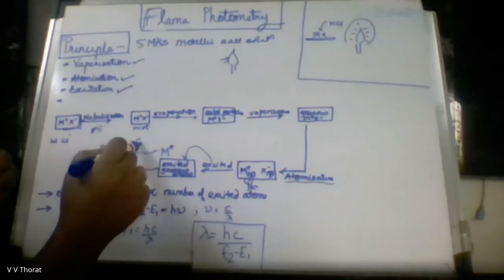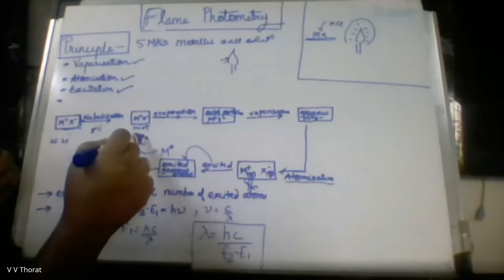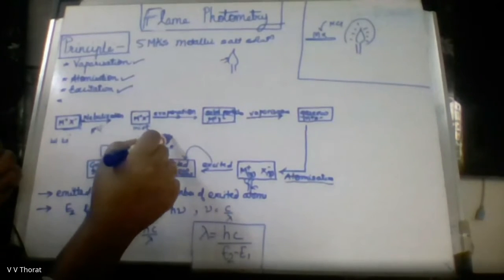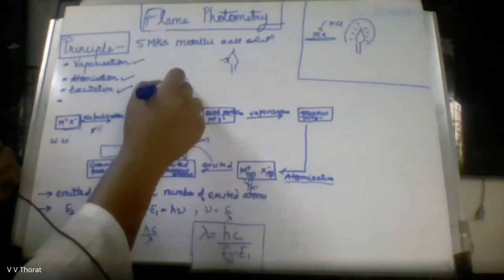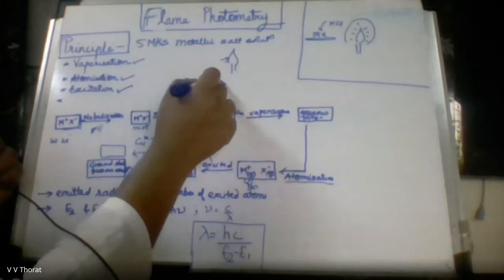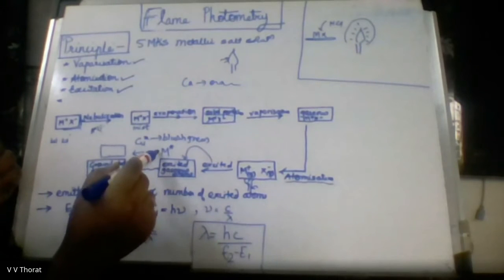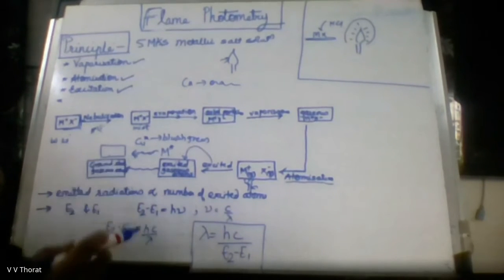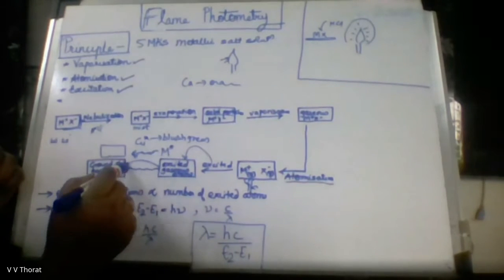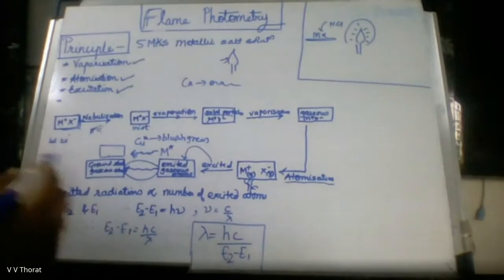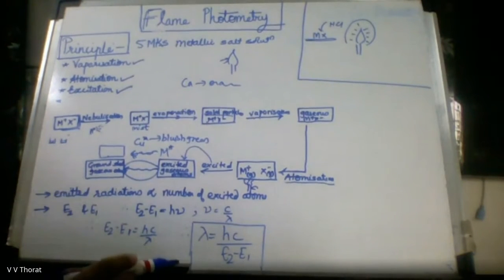Characteristic radiation means copper will always give bluish green color. Calcium will give orange red color. So it will come to the ground state by emitting characteristic radiation and we measure this emitted color, light color, photon.